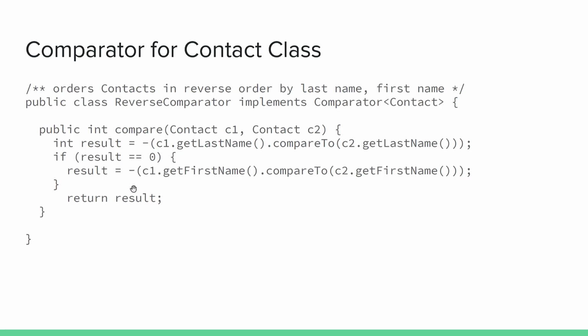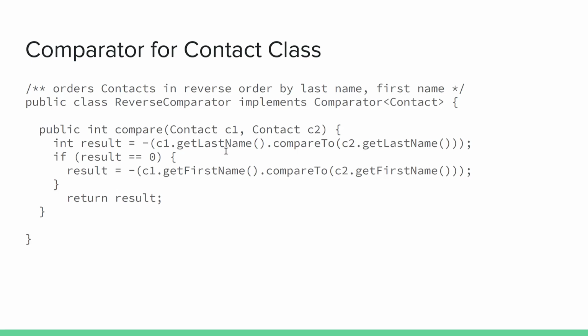So it's very simple. A Comparator object implements the Comparator interface, and you specify what kind of object you intend to compare. The compare method expects then two references of the type of object that you can compare, and inside you simply put in whatever code is necessary to determine the relative order based on your criteria.